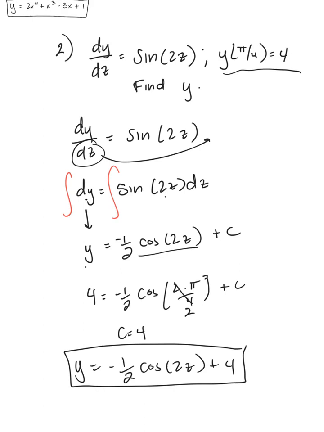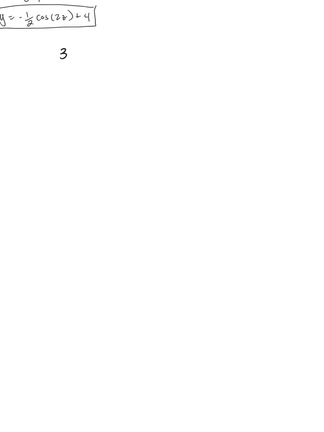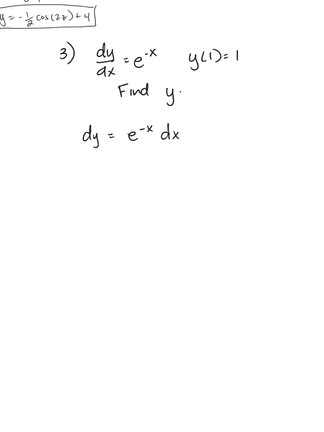So I have one for you to try on your own, or if you haven't tried it already. Number 3, dy by dx is equal to e to the negative x, and y of 1 equals 1. Find y. Pause it now if you would like to try your own. dy equals e to the negative x dx.